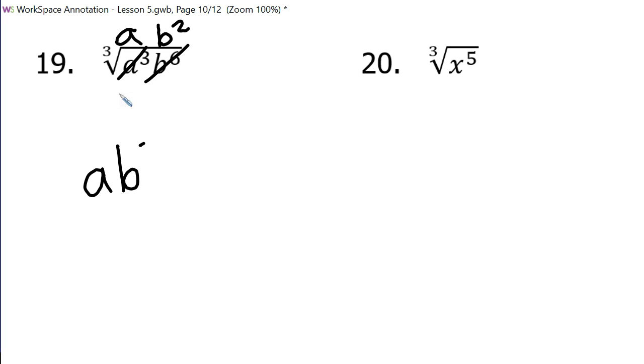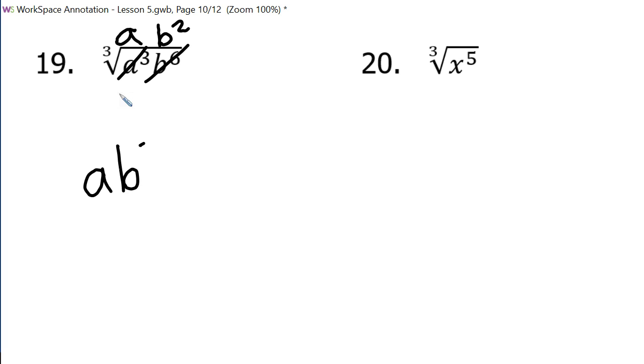Number 20, we have the cube root of x to the 5th. Is x to the 5th a perfect cube? No. So we need a perfect cube to break up the x to the 5th. So what do you have to have in order to have a perfect cube for your variables?